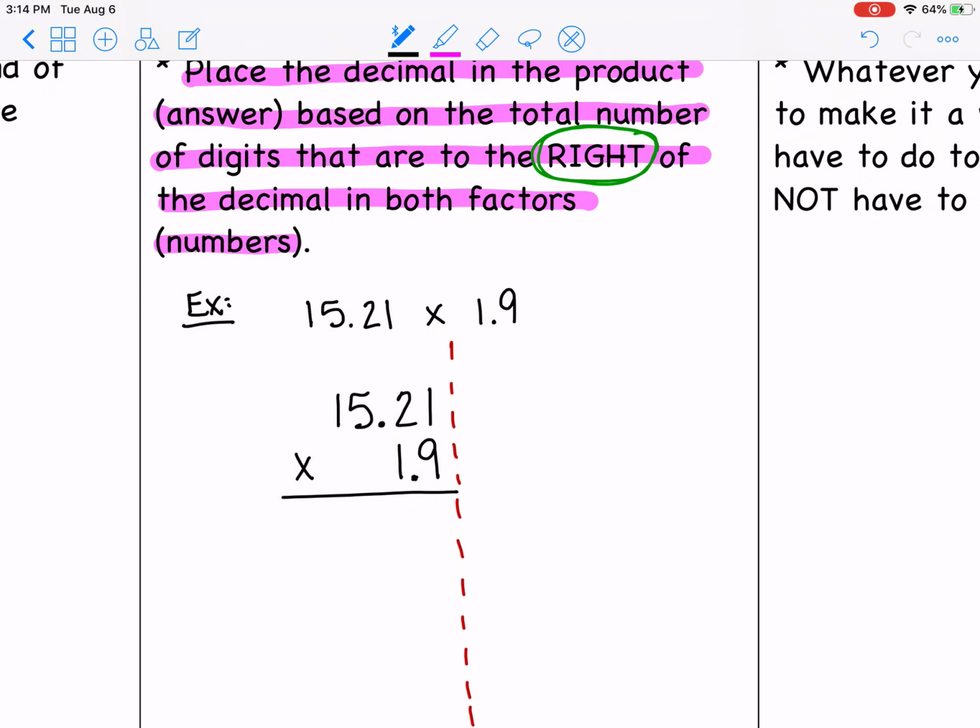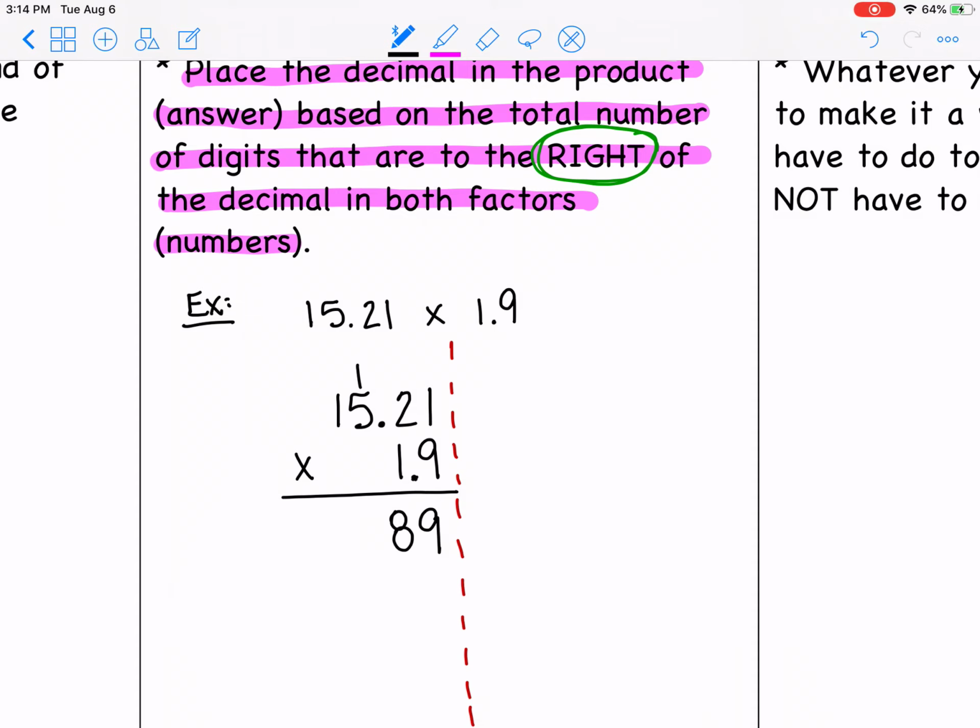Now, let's go ahead and just solve this equation as if it were a plain old whole number, multi-digit multiplication equation. So I'm going to start with the 9. 9 times 1 is 9. 9 times 2 is 18. Drop the 8, regroup the 1. 9 times 5 is 45.